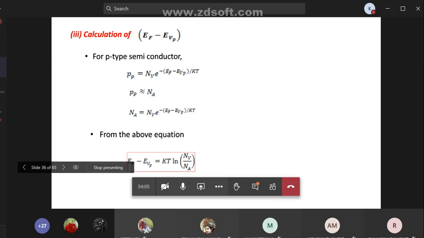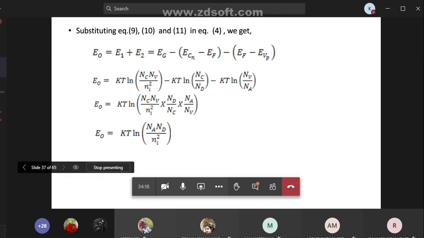So substituting ECN minus EF and EF minus EVP in the E0 equation, so in the first equation, right? So substituting all these in equation 4, E0 equal to E1 plus E2, that is equal to EG minus (ECN minus EF) minus (EF minus EVP). Clear?